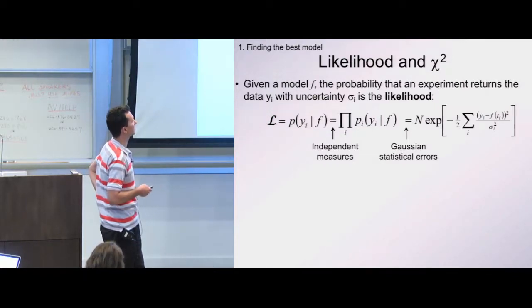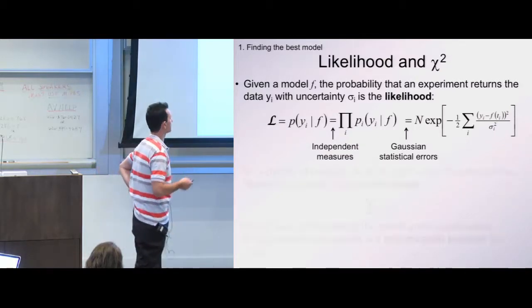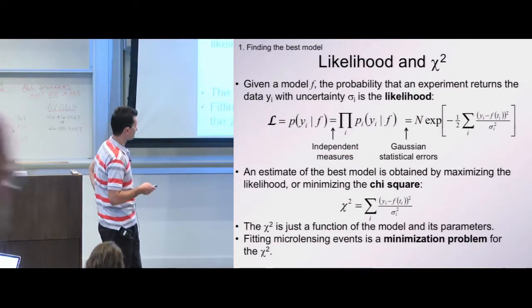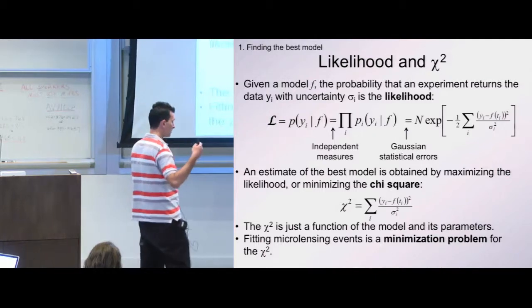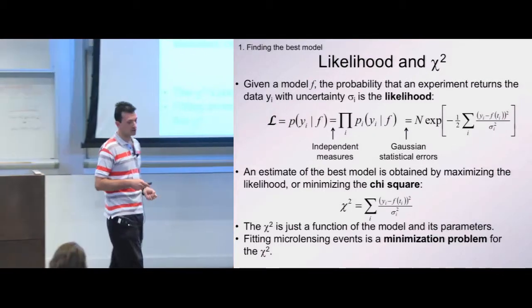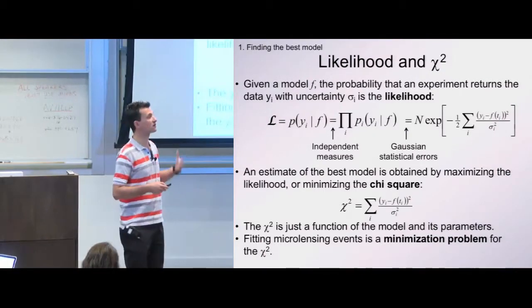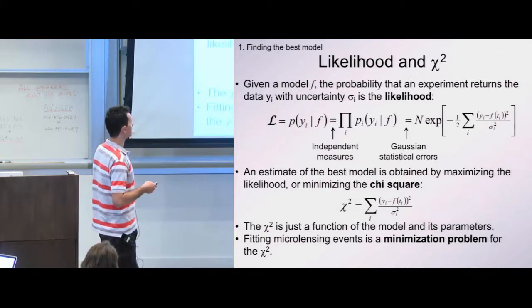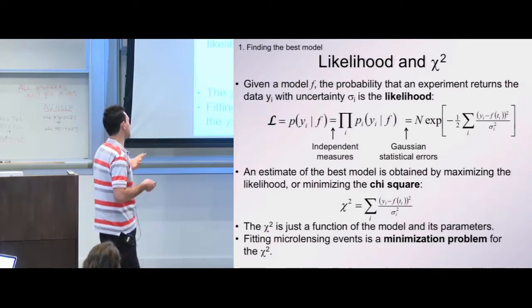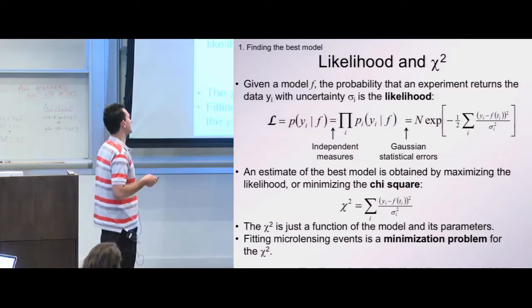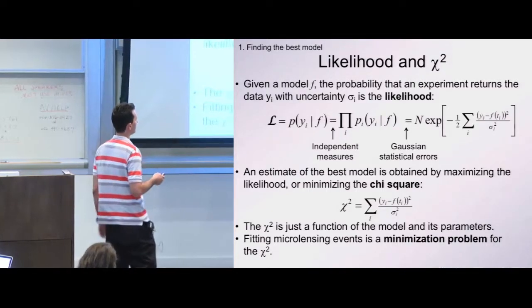And so in the end, you will end up with this function here, which is the so-called chi-square. So the most likely model for your data is the model that maximizes the likelihood, which is the same as the model that minimizes the chi-square, because the minimum of the chi-square will be the maximum of the likelihood.